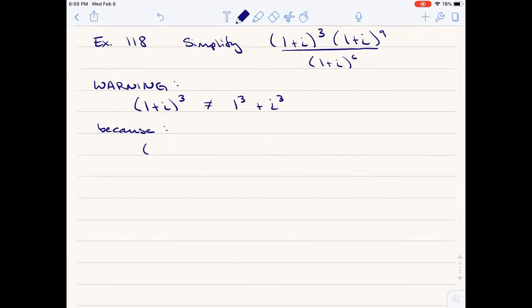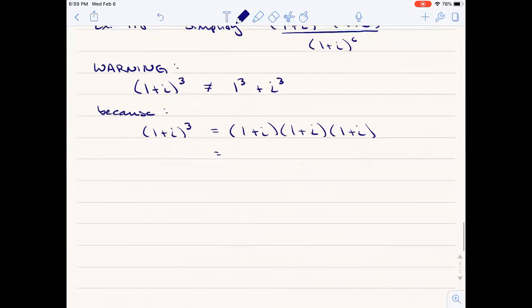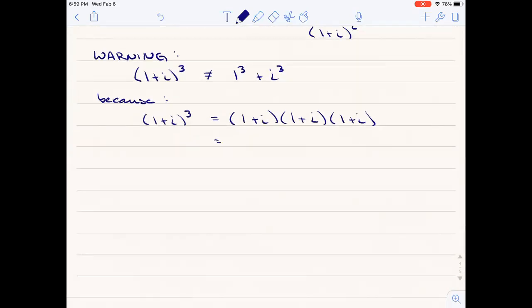Because if we have (1 plus i)^3, that is (1 plus i) times (1 plus i) times (1 plus i). We know that. Now we can expand these. I like to do the first two and then expand into the third.